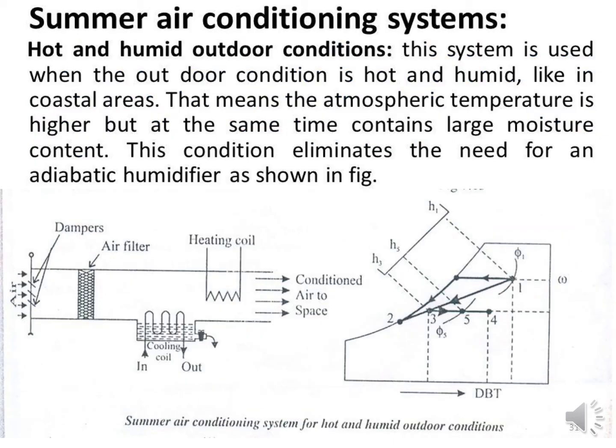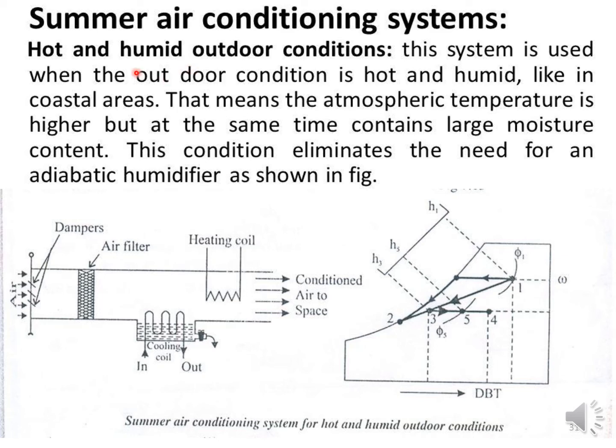system, air conditioning system. So the outside condition is hot and humid. So what is the requirement of air conditioning now? Hot outside, I require cool air. Humid is high, meaning moisture content is very high, so I want to reduce the moisture in that air.